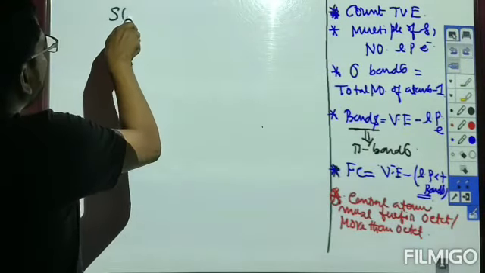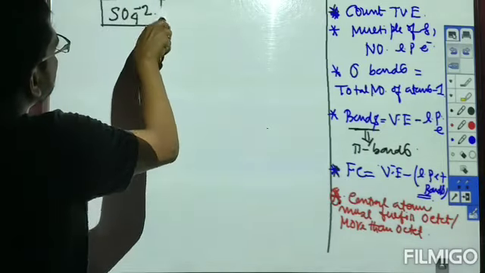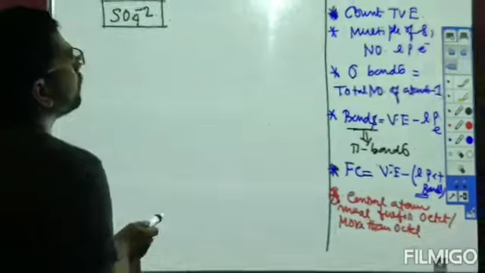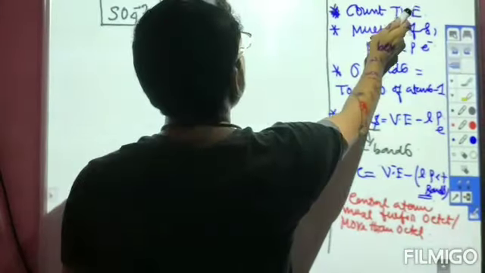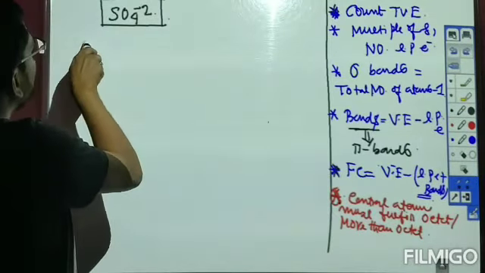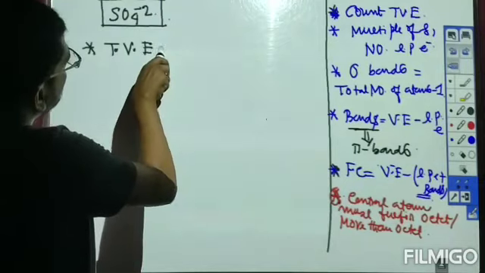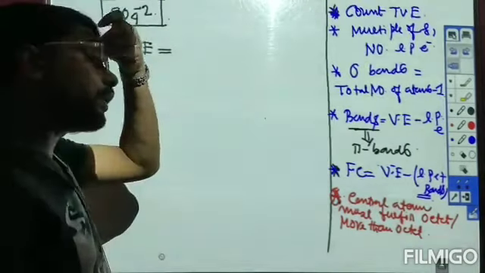Okay, start with SO4 minus 2. For example, count total valence electron. This is the first rule. What are the total valence electron?